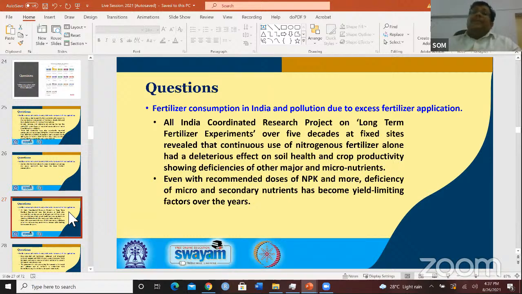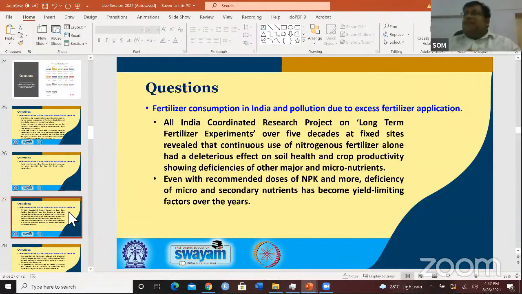Even with the recommended dose of NPK and more, deficiency of micro and secondary nutrients has become a limiting factor over the years. So this is very important, that shows the importance of reducing the dependency on excess fertilizer application.